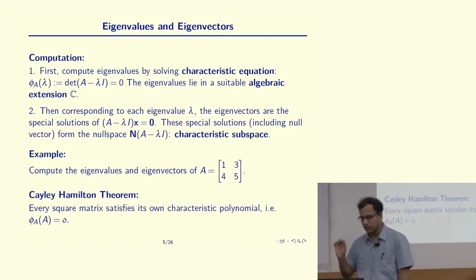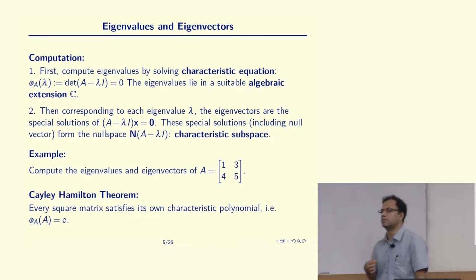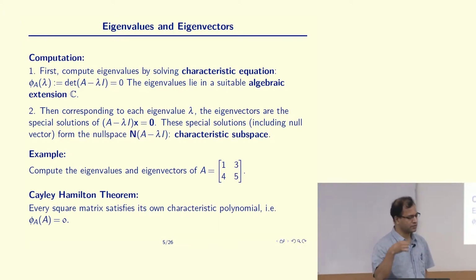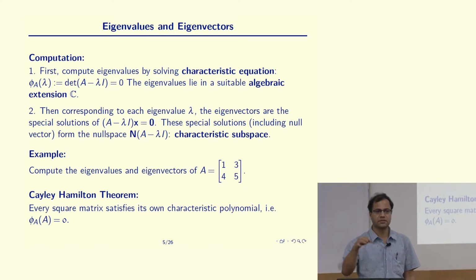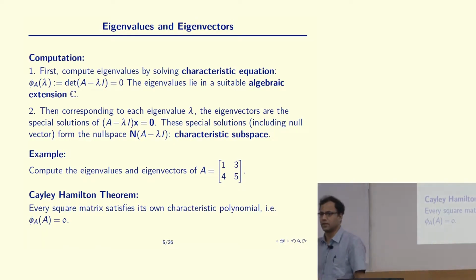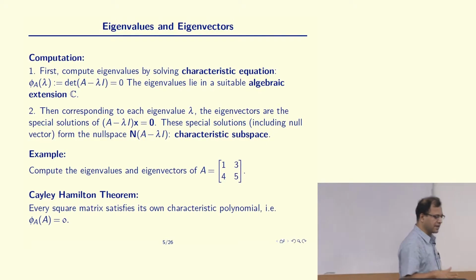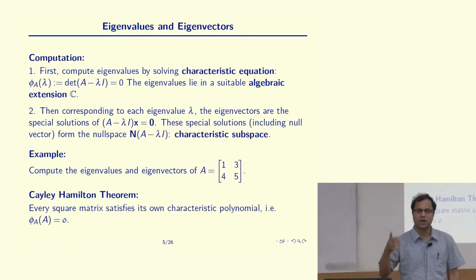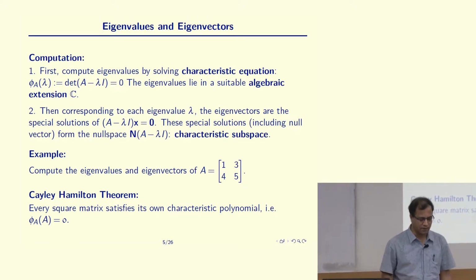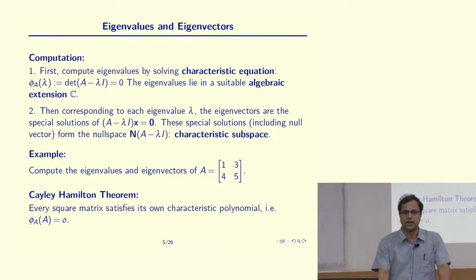One thing you should notice here: in general, when we solve this characteristic equation, the eigenvalues may not always belong to the real domain. They could also be complex numbers. So we say that they lie in some algebraic extension of the real numbers.